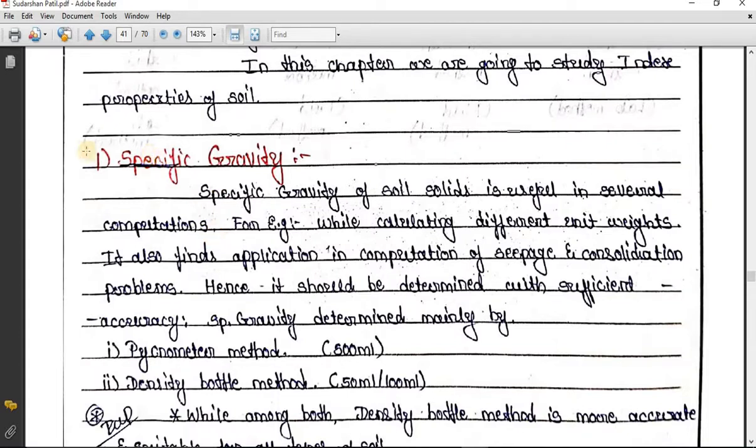So remember, this G is useful in many computations. You can take the examples which we have solved in previous sessions. You can observe that where G plays a very important role. Wherever there is an interrelation between basic properties, there is a relation of G. So G connects every basic property.